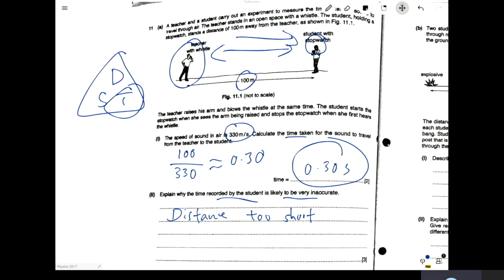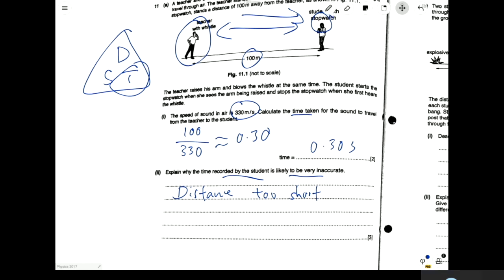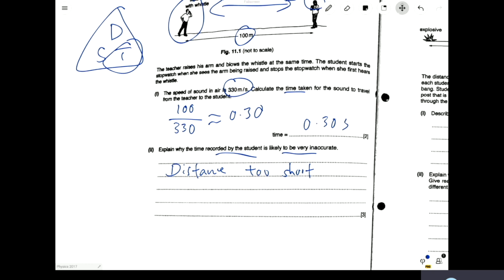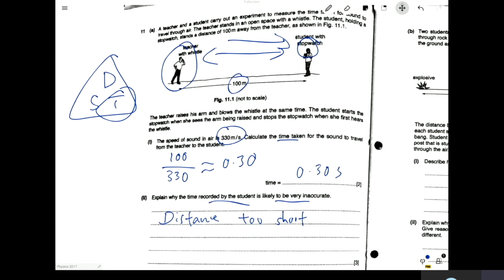One more time. The time is too short. A small error would appear very big. That's the explanation. So if it's further, a larger amount of time, the error would be smaller.